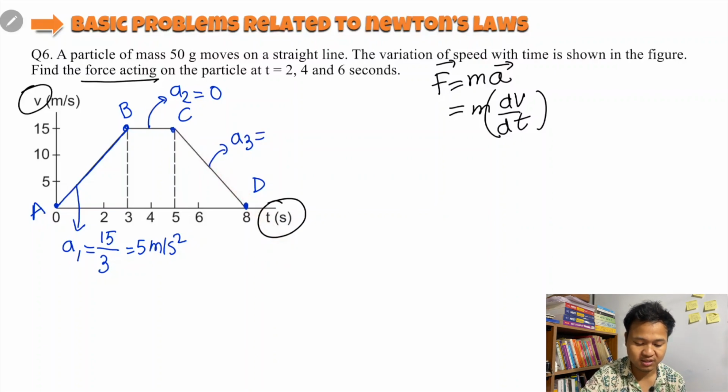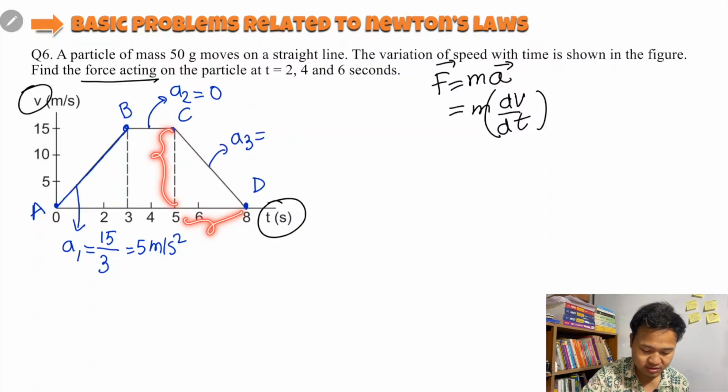We covered the kinematics graph portion earlier, so if you have trouble understanding this, please go back and watch those videos. If a line is like this, it is a positive slope. If a line is like this, it is a negative slope. The change is 15 over 3, so that means 5, but now you'll have a minus. It is a negative slope.